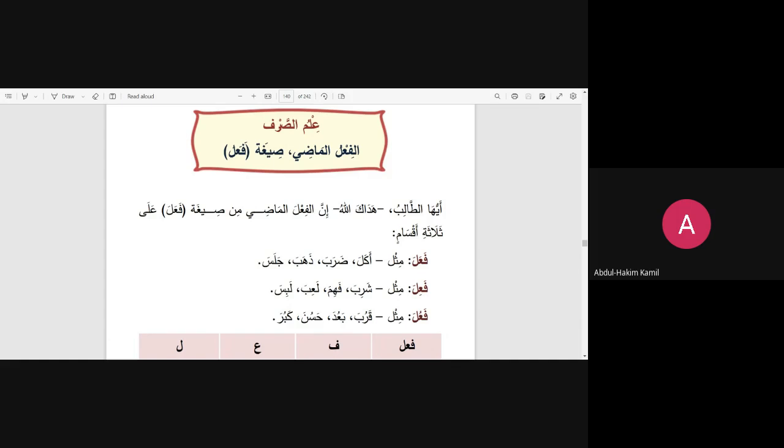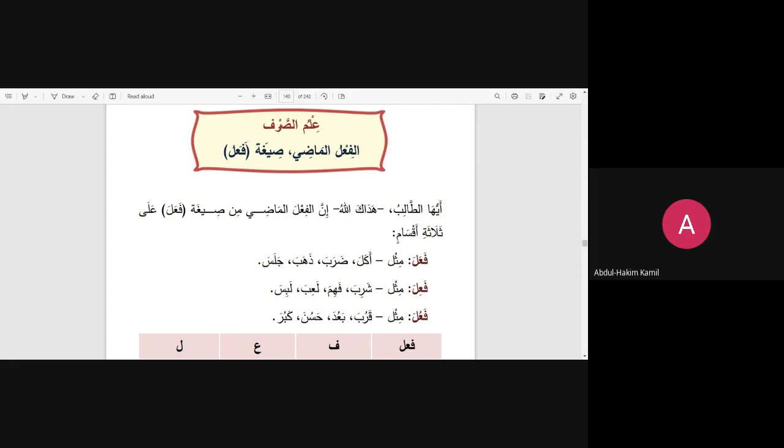It's on 3 categories. Are you all with me, brothers and sisters online? The first one is fa'ala, like akala, daraba, dhahaba, jalasa.